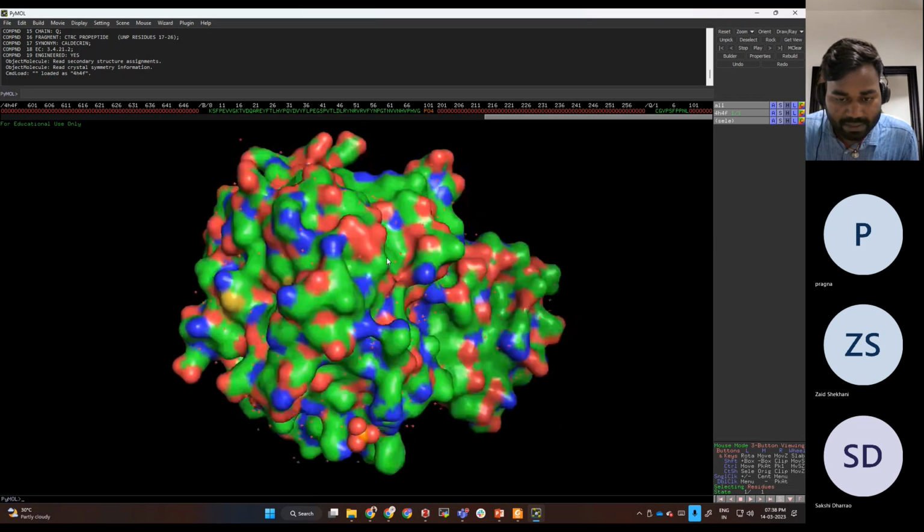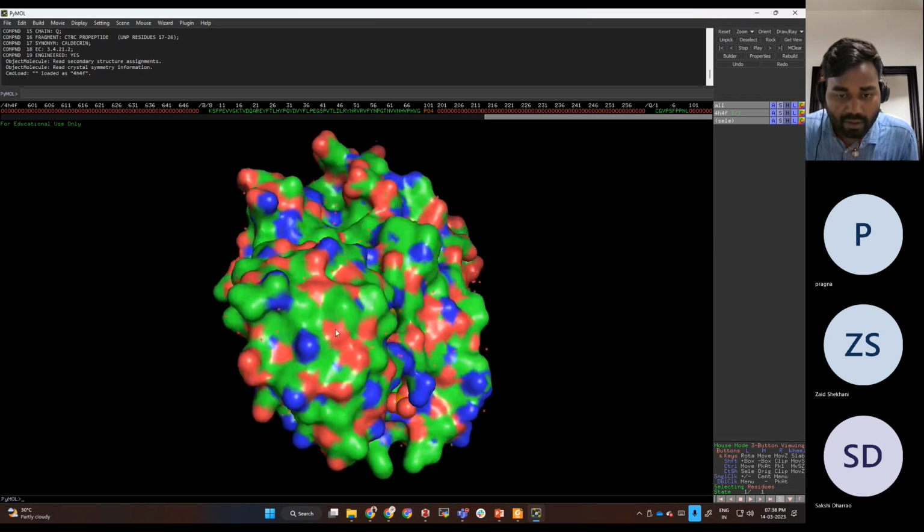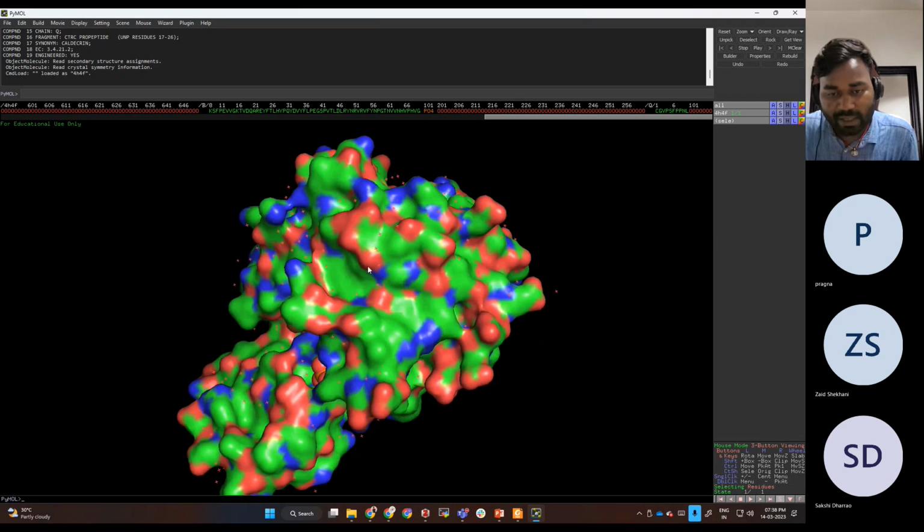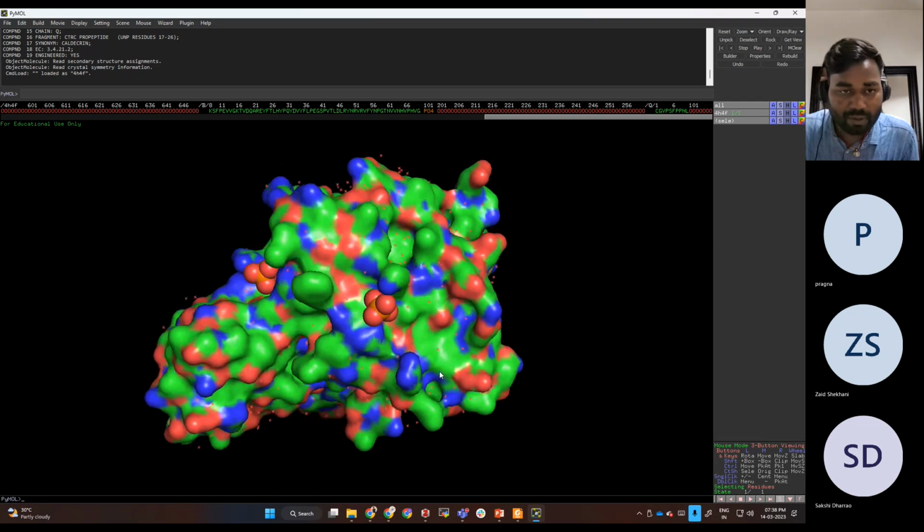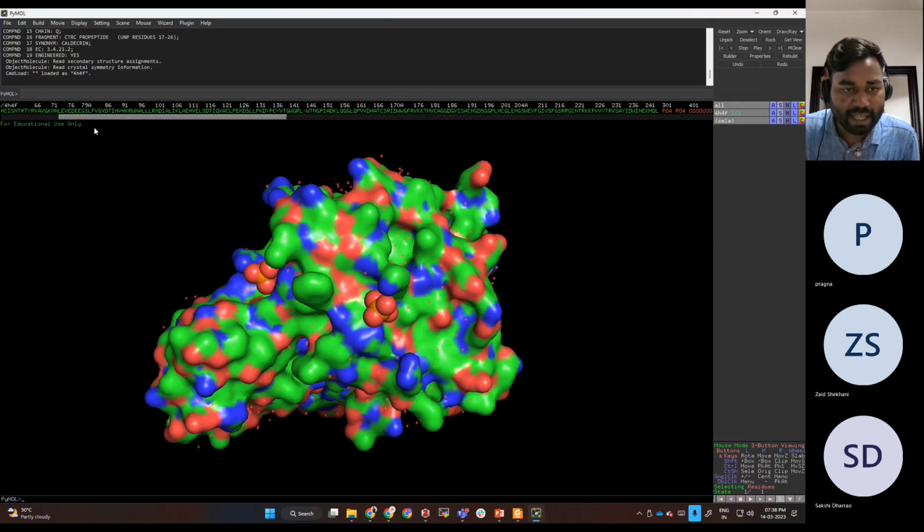Okay. Now, do you remember what the binding active site of chymotrypsin was? What was the catalytic site of chymotrypsin? It is a serine protease, right? Can you recall?